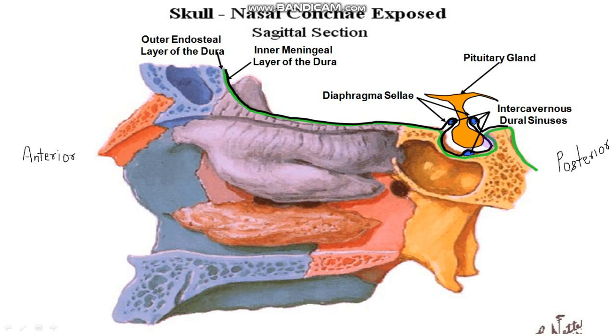Then on the posterior aspect here is the dorsum sellae. Here it is getting attached and getting a fold like this, forming a posterior intercavernous dural sinus.